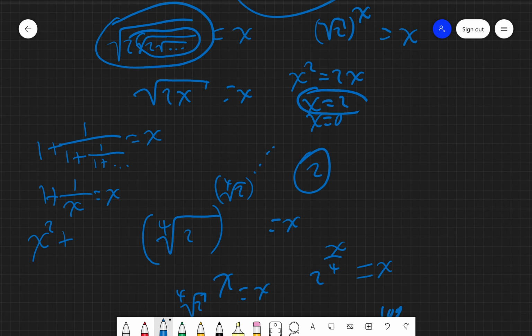Remember, x can't be 0, right? So x squared minus x minus 1 equals 0. So x equals 1 plus or minus the square root of 1 plus 4, which is 5, all over 2. 1 plus root 5 over 2 is the golden ratio.